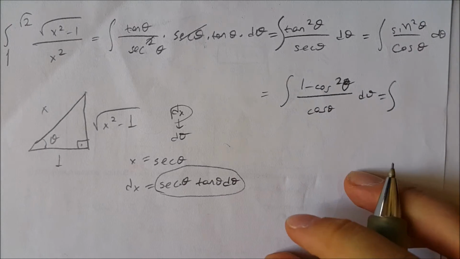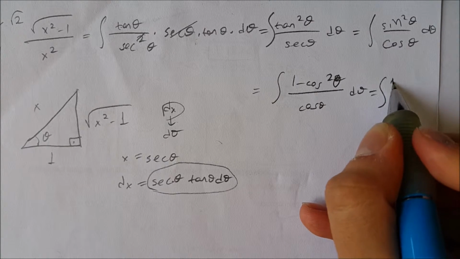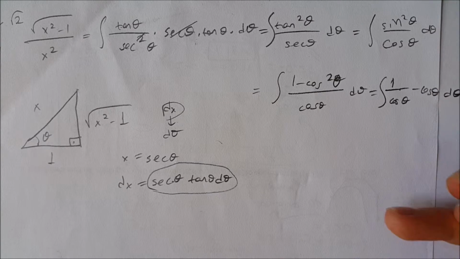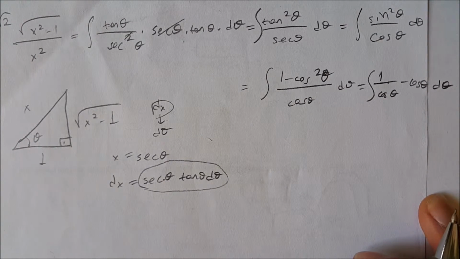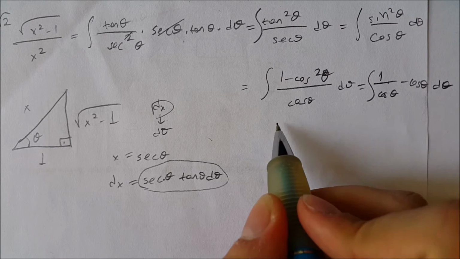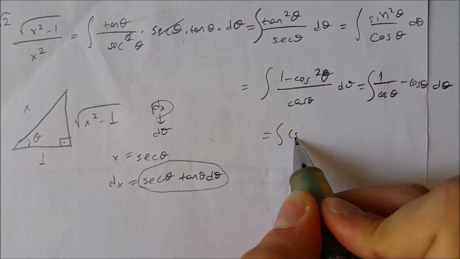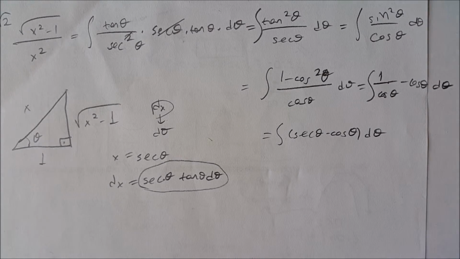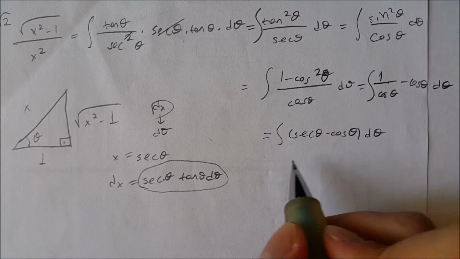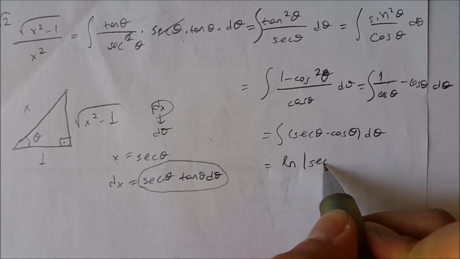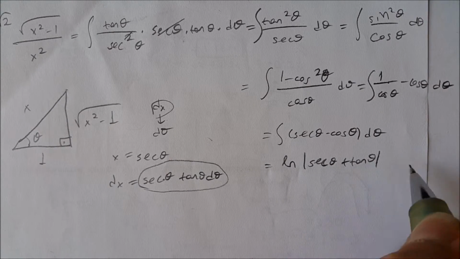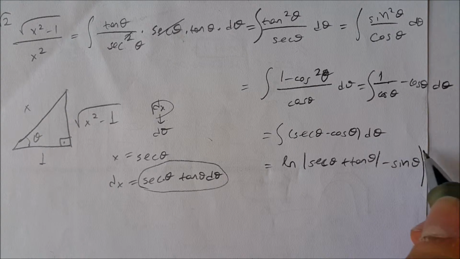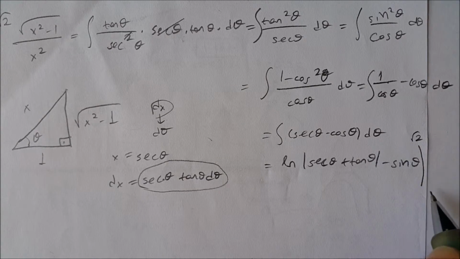Then we could separate these two and we could write 1 over cosine theta minus cosine theta d theta, and that would give us secant theta minus cosine theta d theta, which is equal to ln secant theta plus tangent theta minus sine theta between the boundaries root 2 to 1.